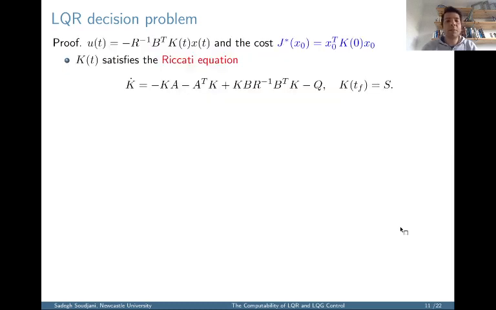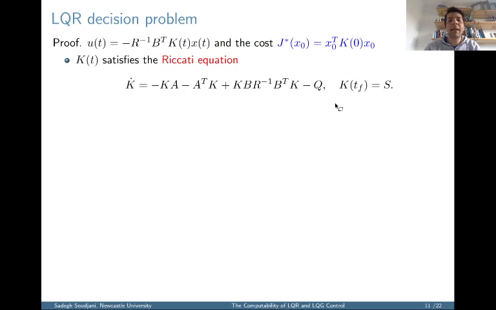First, I look at a characterization of the solution. The optimal solution to the LQR problem is in the form of a state feedback. So I have u of t equal to a gain times the state of the system. The gain depends on a time-varying matrix, K(t), and K(t) is usually computed numerically by solving a Riccati equation. So this is the Riccati equation.